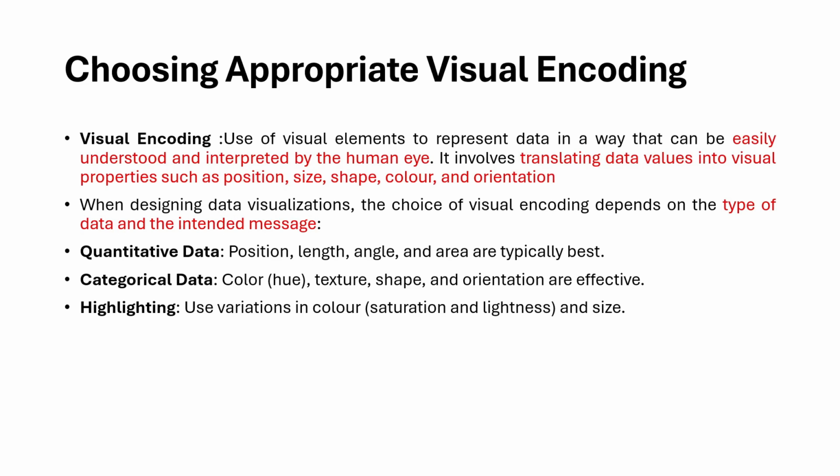Suppose you are dealing with categorical data, color hue, texture, shape, and orientation can be used to represent the magnitude of the categorical data. Suppose you want to prepare a visualization for highlighting something. You can use variation in the color using saturation and lightness, and you can use the size property to present the highlighting information effectively.